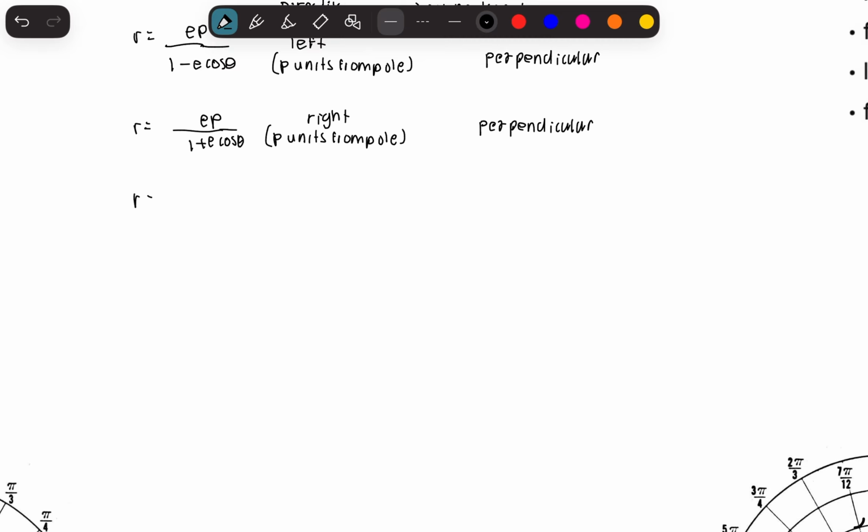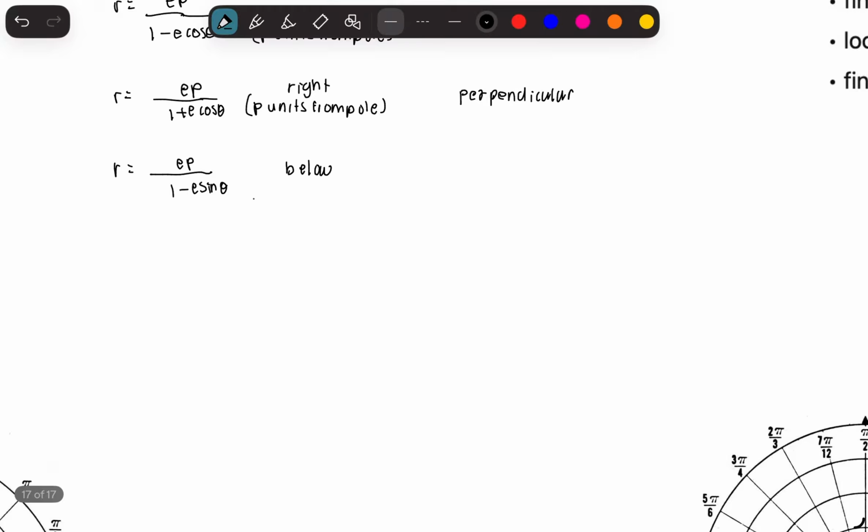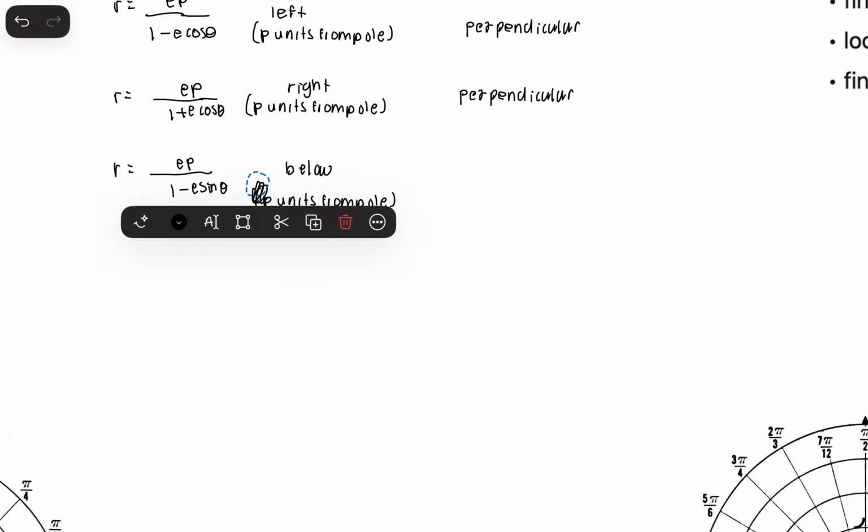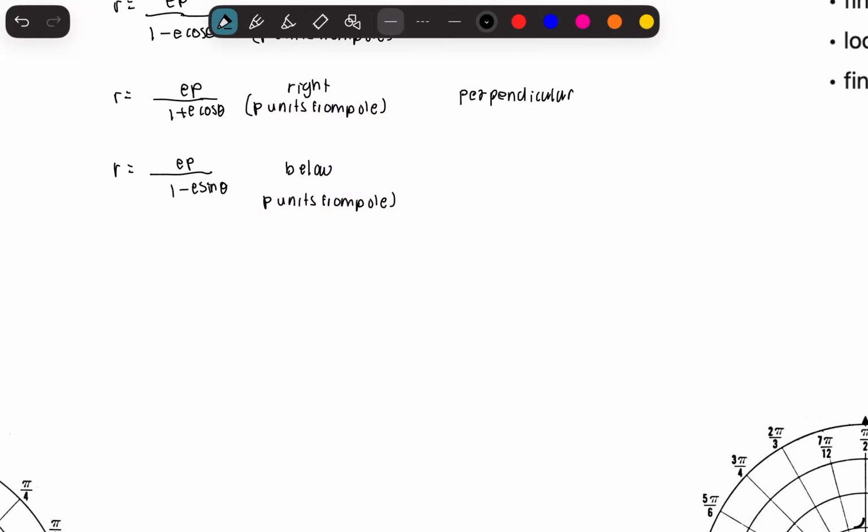Now for r is equal to EP over 1 minus e sine theta, your directrix is going to be below, and it is going to be p units from the pole, p units below the pole, and it is going to be parallel to the polar axis.